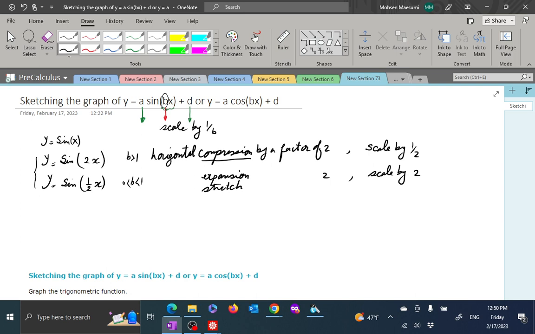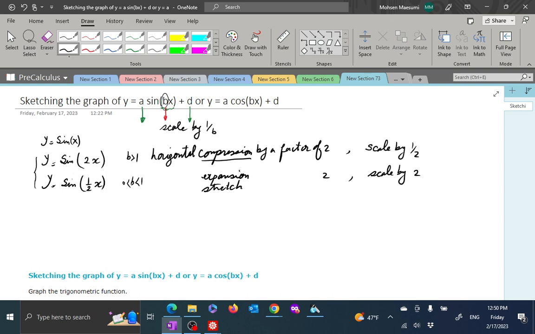Now how about vertical movement? A is going to stretch the function vertically if it's a number larger than 1. If it is between 0 and 1, then it's going to compress the function vertically. If it is negative, it's going to also flip it upside down.